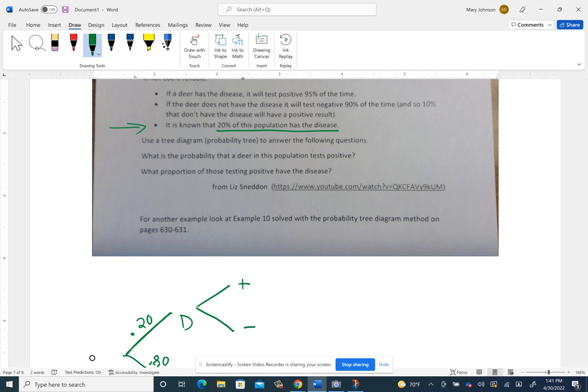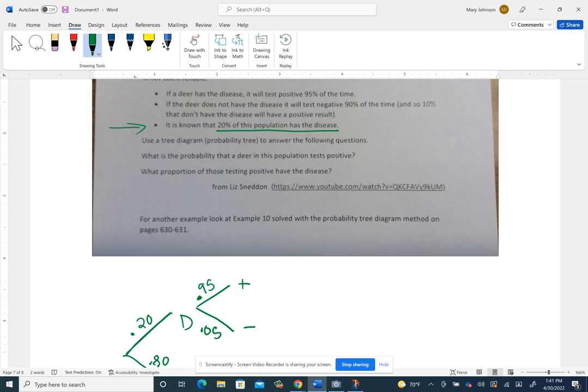I mean, it should be 100%, they have the disease, but the test is not 100% reliable, is it? So if they have the disease and 95% test positive, then 5% are going to test negative. They have the disease, but the test doesn't show it. So think about that.